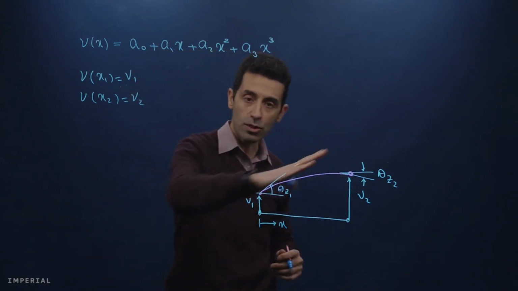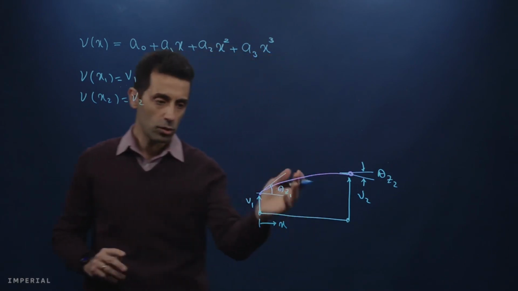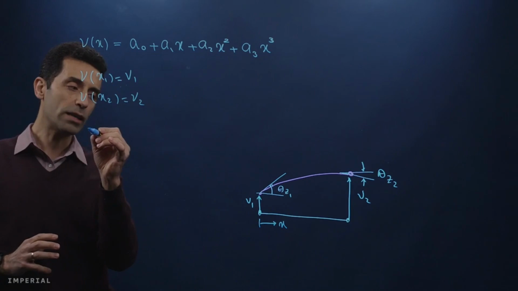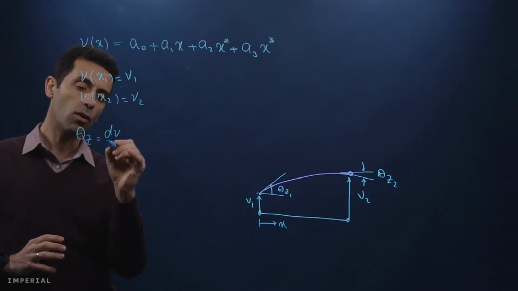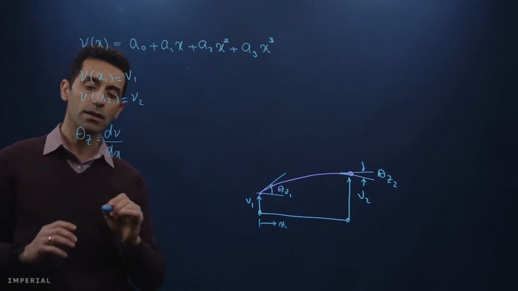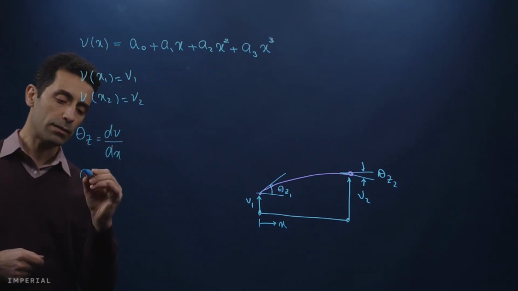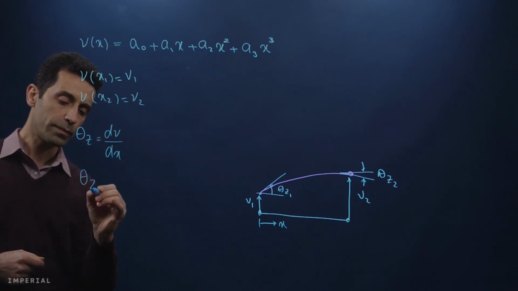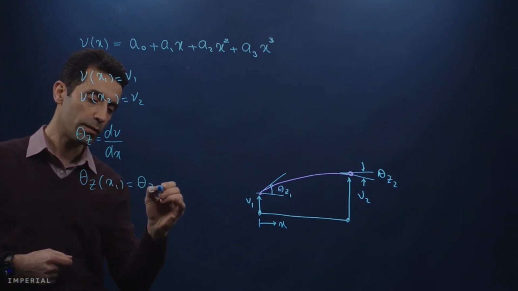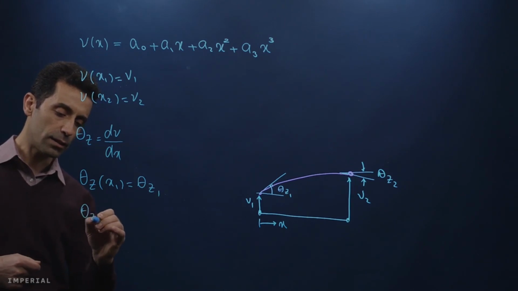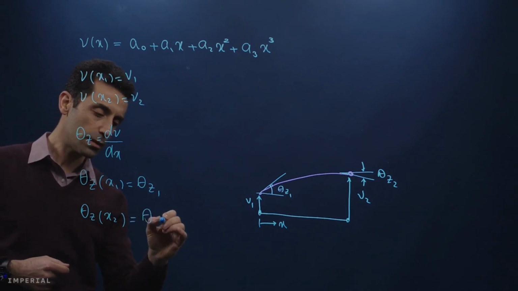We also know the slope, which defines the rotation at node 1 and node 2. You know, this slope can be defined as theta z is defined as dv over dx, right? And then we have theta z1. So if we look at theta z at point x1, we have the value of this, and then theta z at node 2 or x2, this is theta z2.